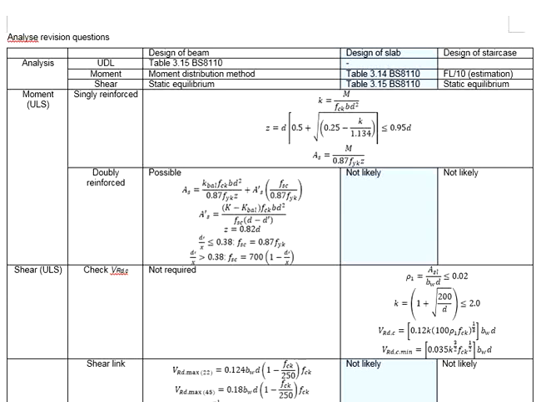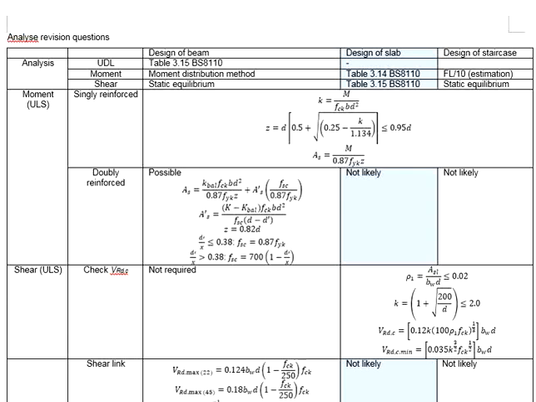Now you see the applications in terms of the design of the moment for the beam, slab, and the staircase. The chances for the slab and the staircase to be doubly reinforced members are relatively low. This doesn't mean that there won't be a doubly reinforced member in any chance.